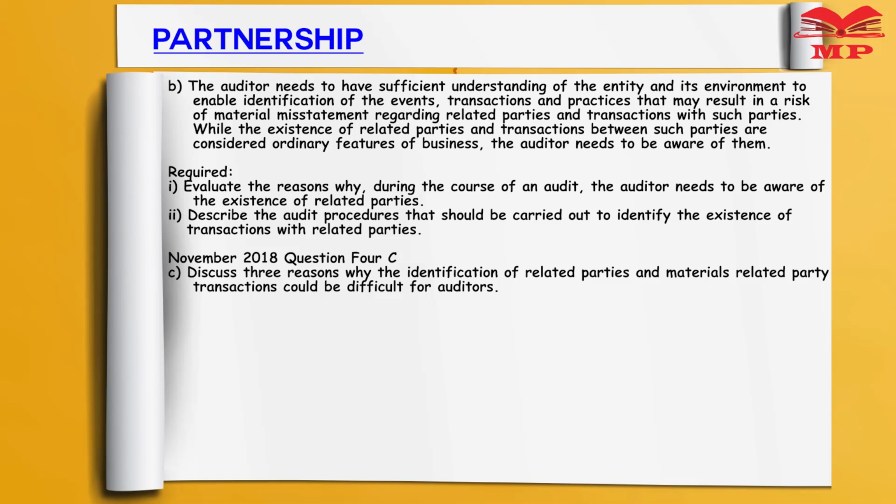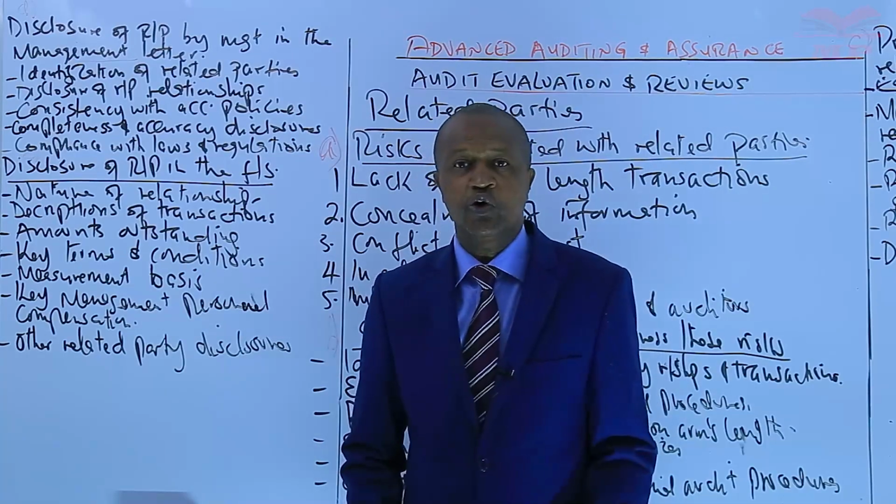That is question 1. Another question I'm leaving you with is the one that was tested in November 2018, question 4C, which reads: discuss 3 reasons why the identification of related parties and material related party transactions could be difficult for auditors.